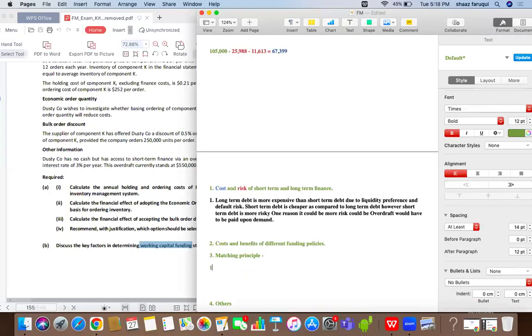This states that as per this principle, the maturity of the assets should be reflected in the maturity of the finance itself.